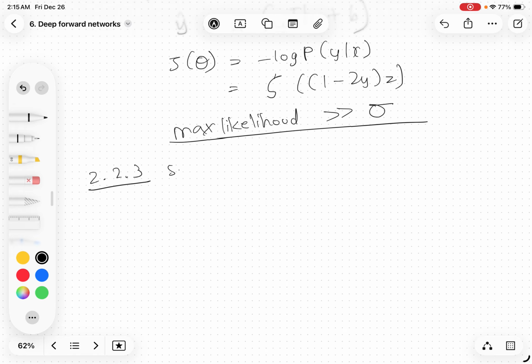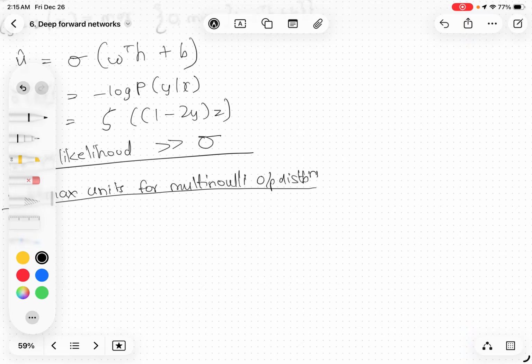Softmax units for multinoulli output distributions. Multinoulli is again just an array, like binary.